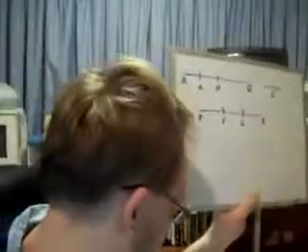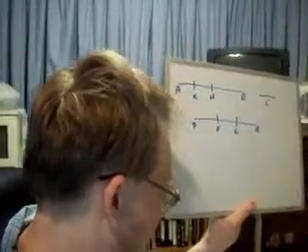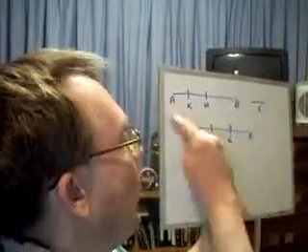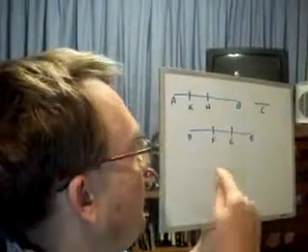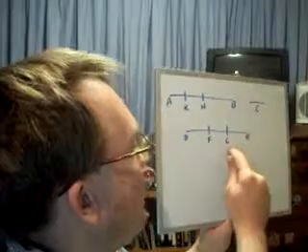And from AB, we subtract BH, which is greater than its half. Therefore, the remainder GD is greater than the remainder AH. So this line here is longer than this line here.